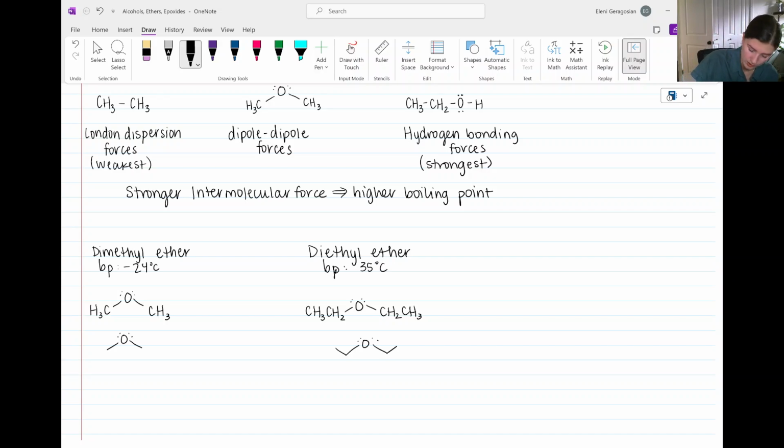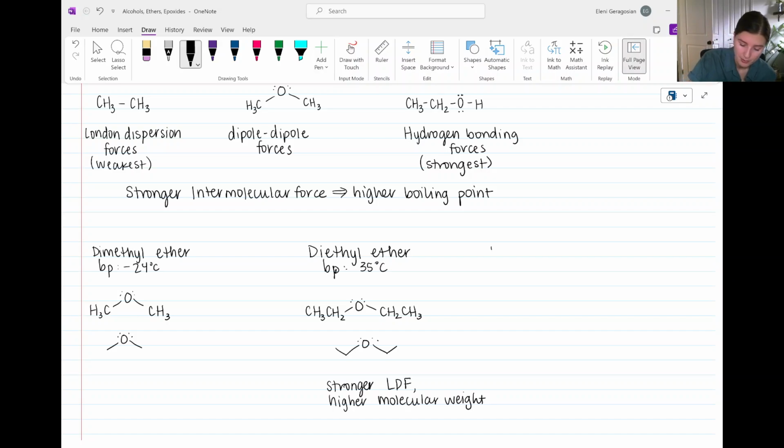So we'll say stronger LDF, for London dispersion forces, and then higher molecular weight. And that's why diethyl ether has a higher boiling point than dimethyl ether.